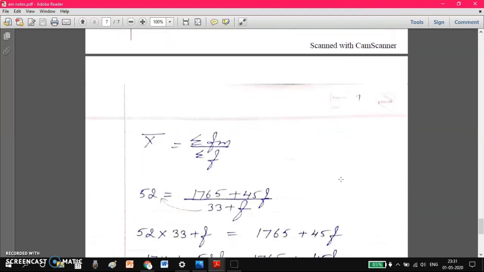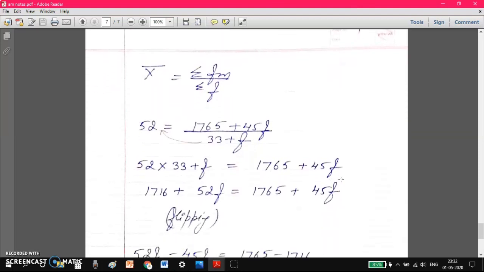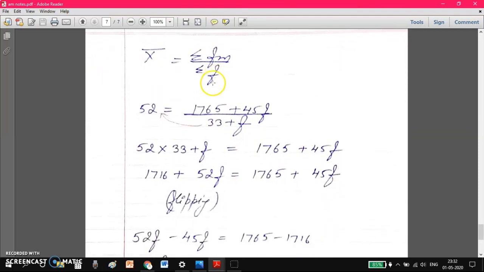So now we'll put this in the formula. This is the formula, summation fm by summation f. So 52, that is the mean, is already given. We'll put the whole thing like this and we'll flip the 33 plus f to the other side with 52.